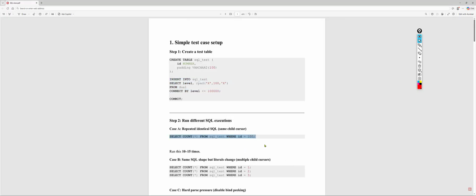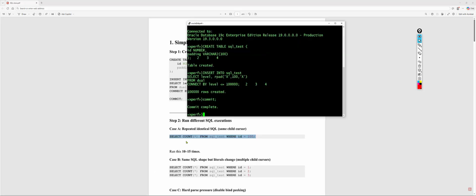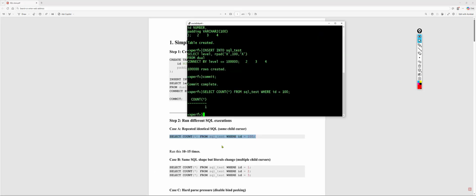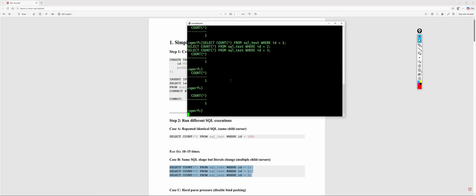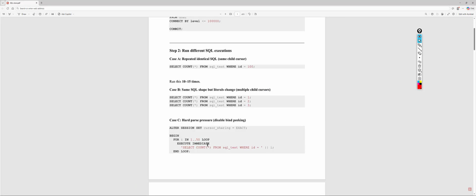Now we are going to check the number of rows from the table SQL_TEST where ID is equal to 100. This is the SQL statement that we execute, and we are going to execute multiple concurrent statements.